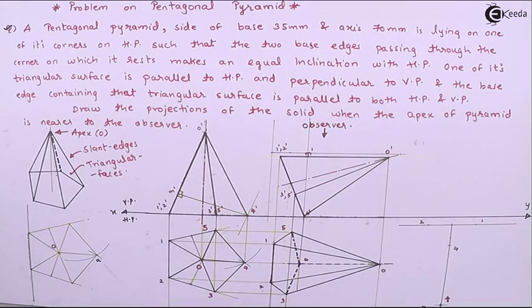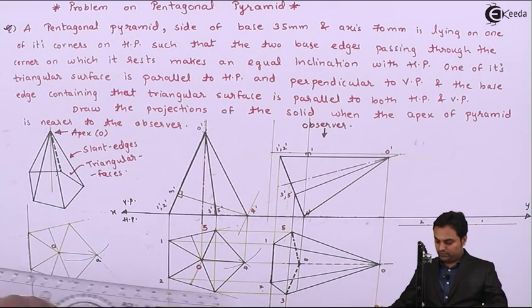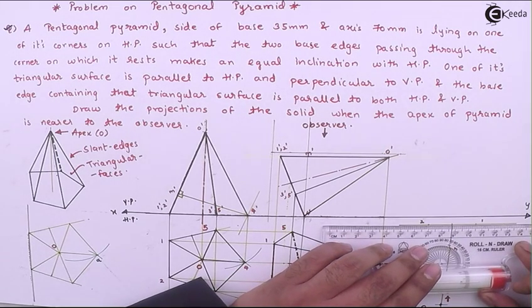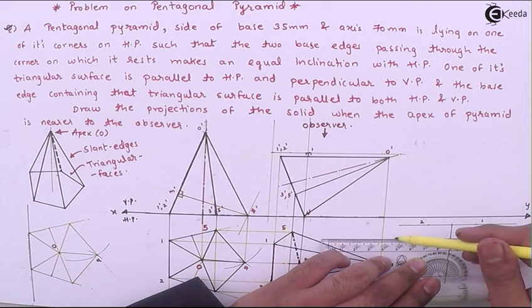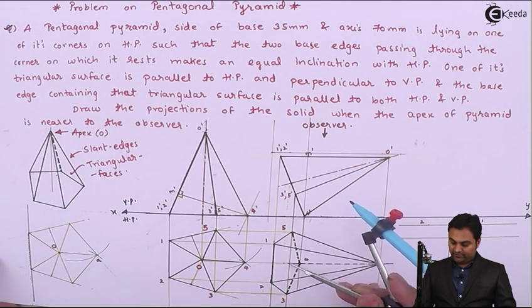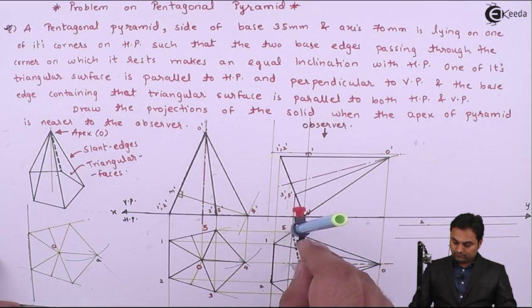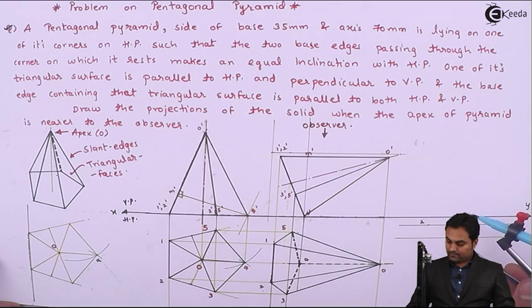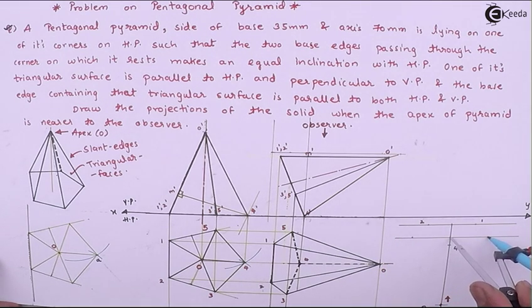Marking it on this line, then drawing a light parallel line which is parallel to 1 to 2, and then measuring the distance from the center up to point 3 or point 5, both will give me the same distance. So here we have point 3 and this will be point 5.